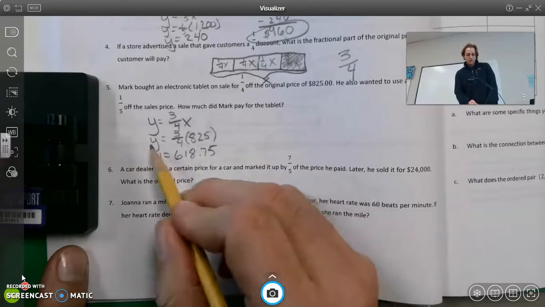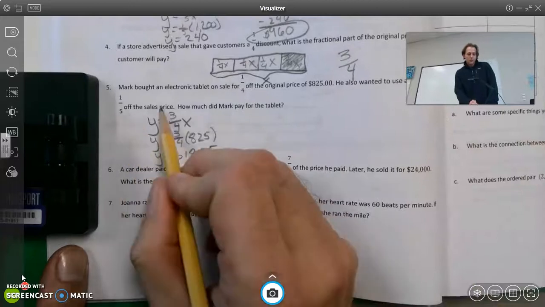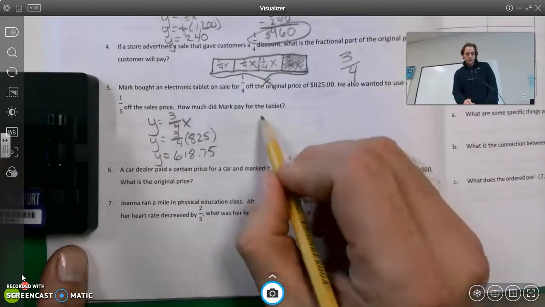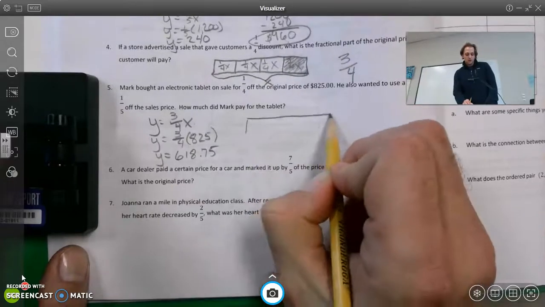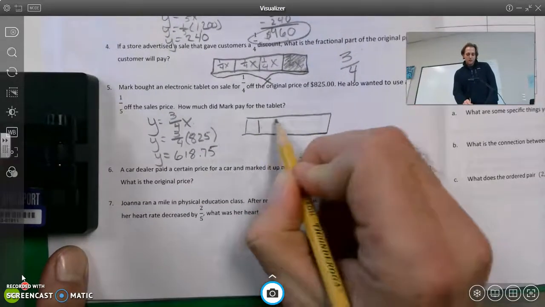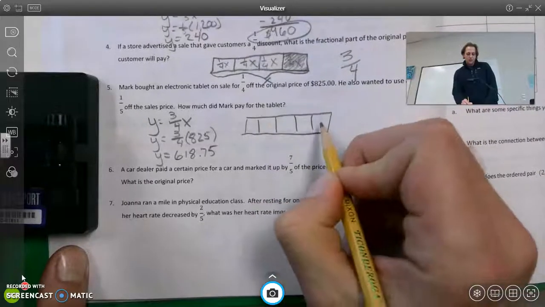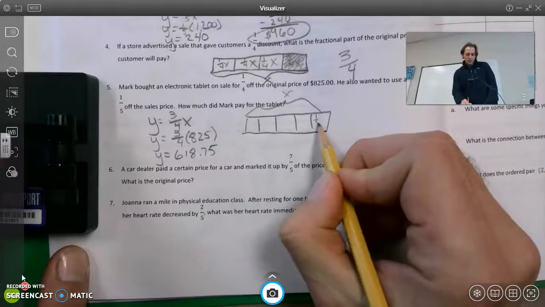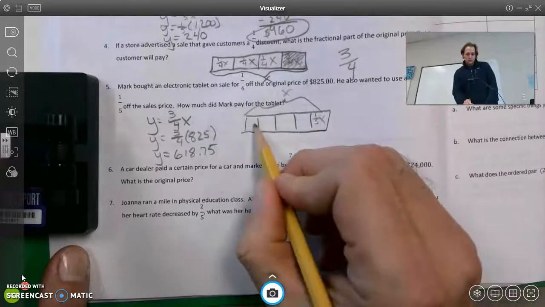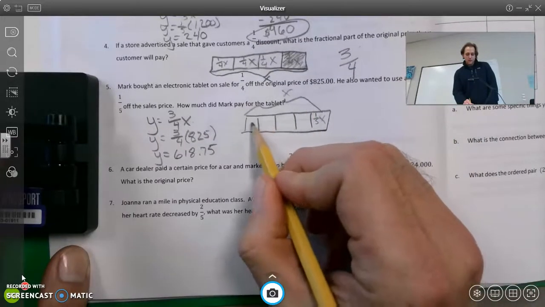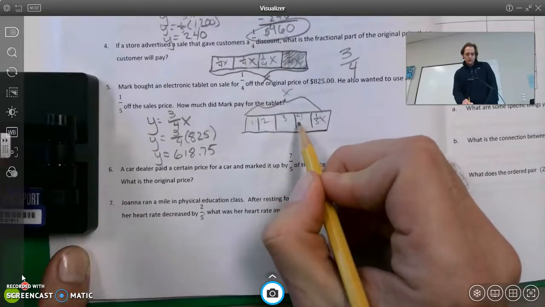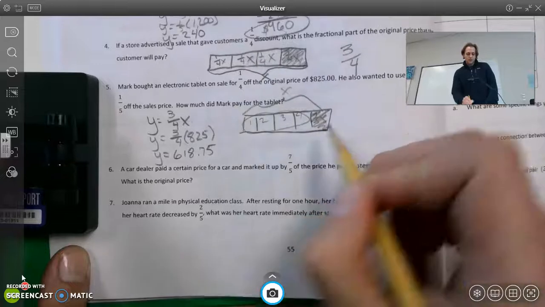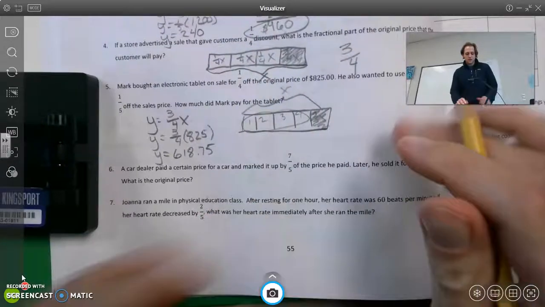But he has a coupon for 1/5 off the sales price. So now we're going to keep thinking about the way we just talked. If I take away 1/5 of x, then I'm left with 4/5. 1, 2, 3, 4/5 of x, right? So I'm still paying 4/5 of this sale price.